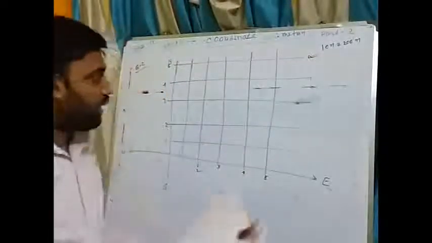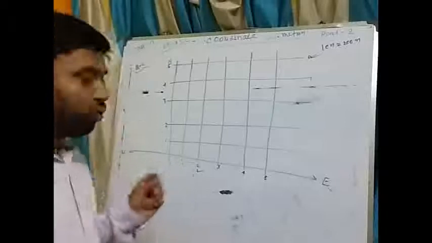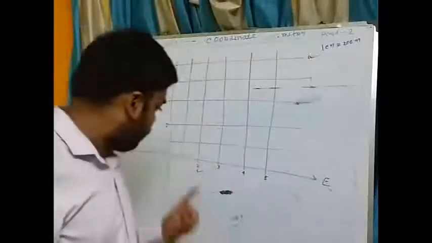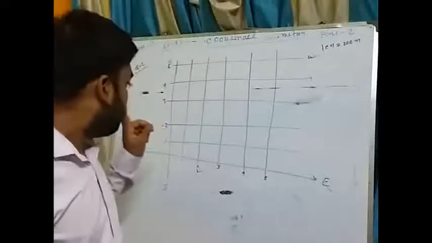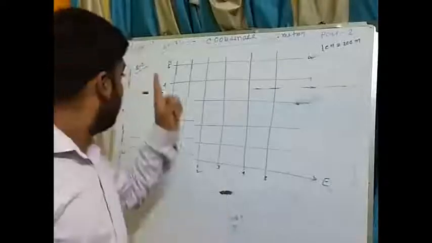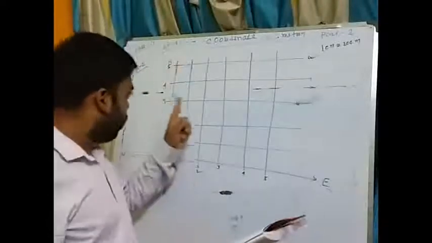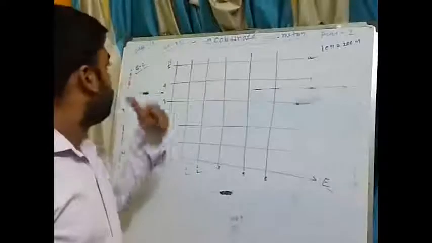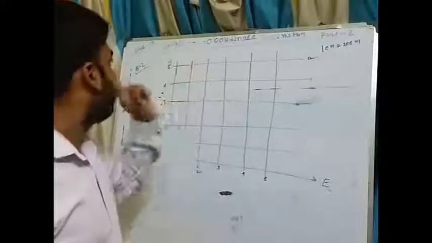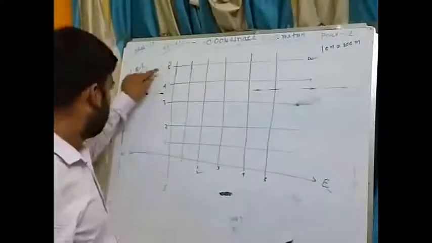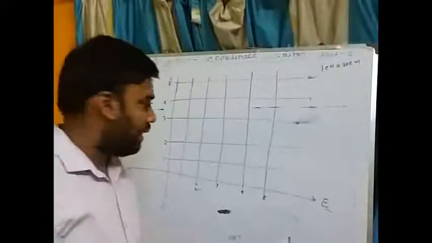So in this part, two roads are mentioned: road number 2 in the north-south direction and road number 5 in the east-west direction.